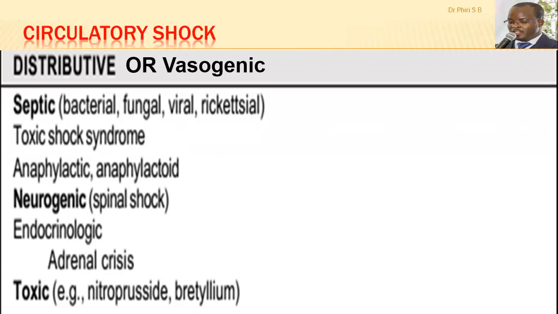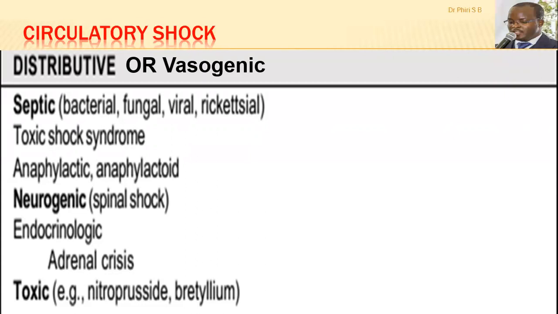If you have reduction in cortisol, that can result into vomiting, fever, and also blood pressure is going to decrease. Then you're going to have more of vasogenic type of circulatory shock or the distributive type of circulatory shock.